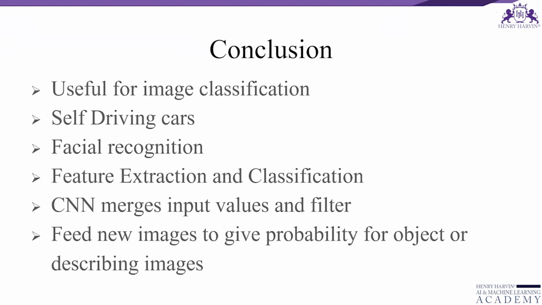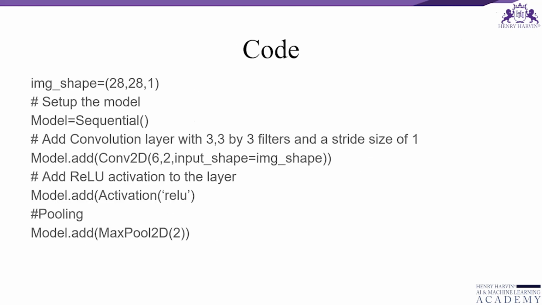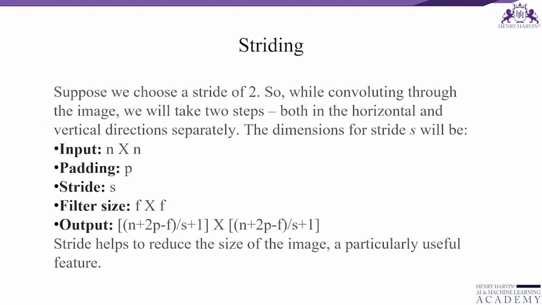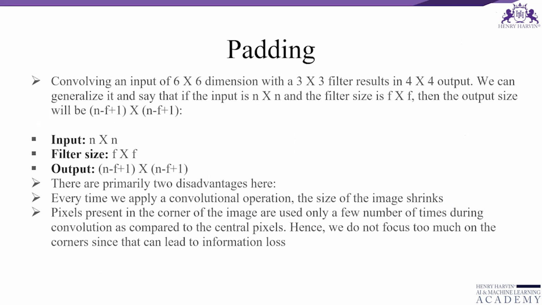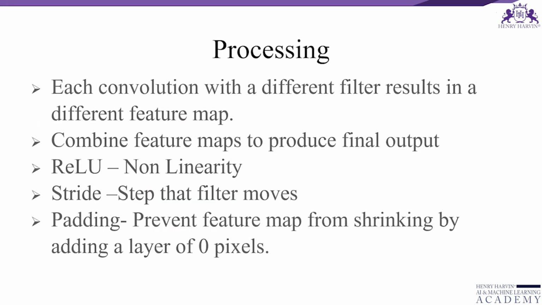And we understood that CNN merges input values and then the filter. And then when we feed new images, we get a probability for the object or a description of the images. So hope it is clear to you. It's so interesting to know about convolutional neural networks.